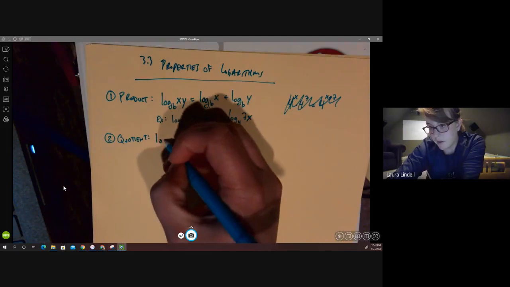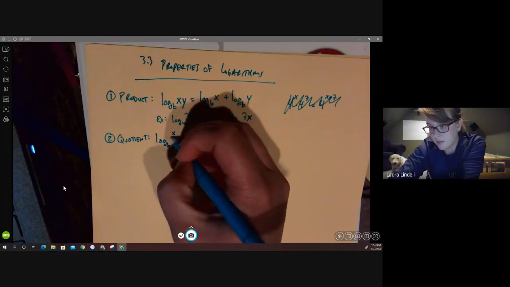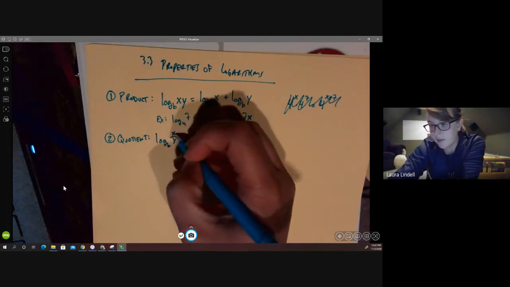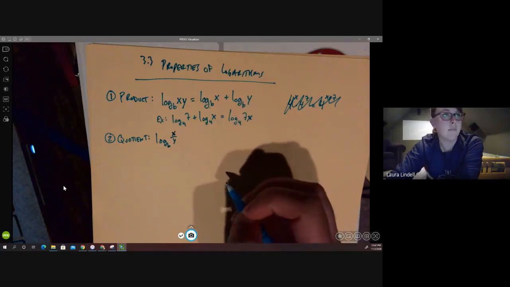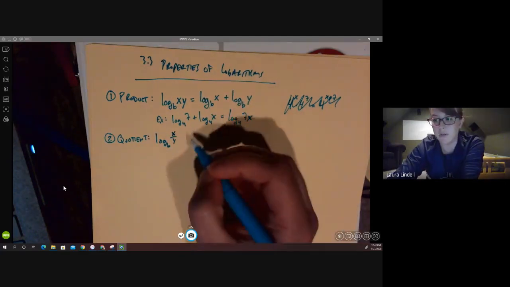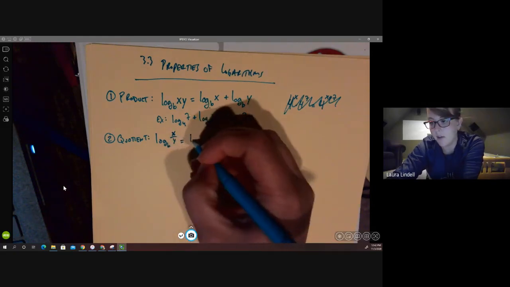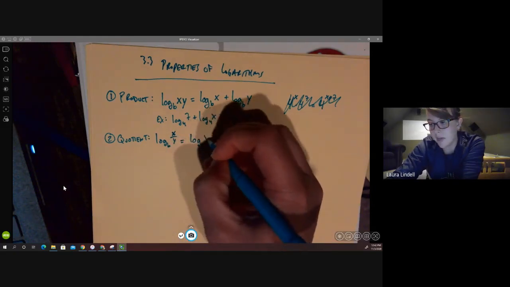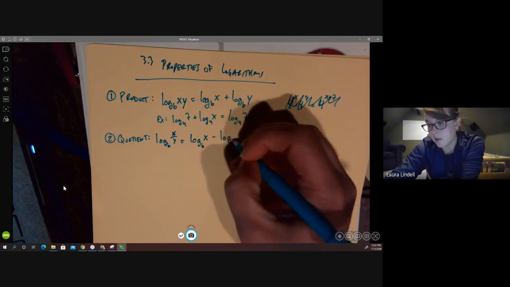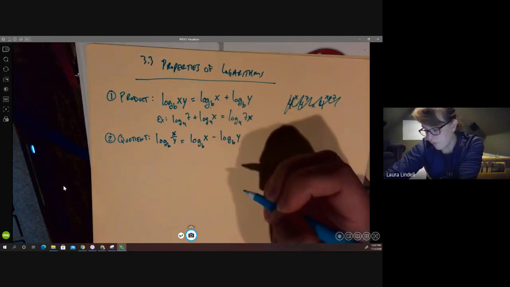All right, the second property is the quotient property. So that is log base b of x over y. So if I have things that are divided, I can turn it into subtraction, or if I have things that are subtracted, I can turn it into division when I'm condensing it. So that would be log base b of x minus log base b of y.